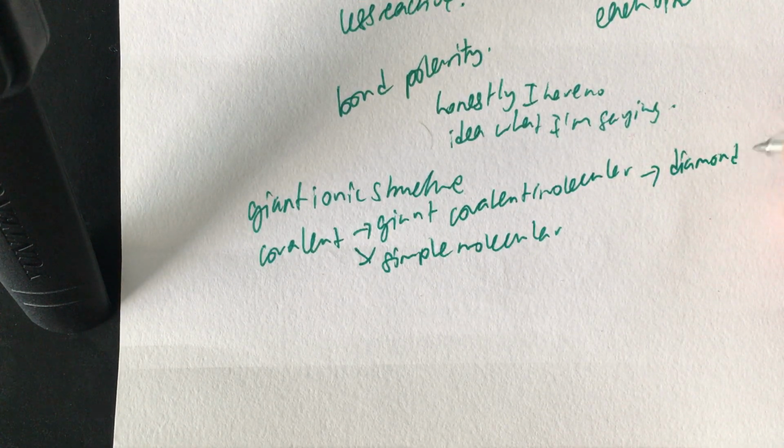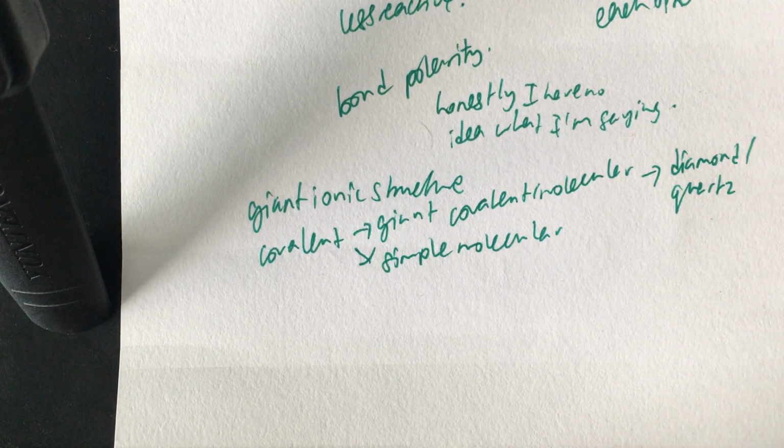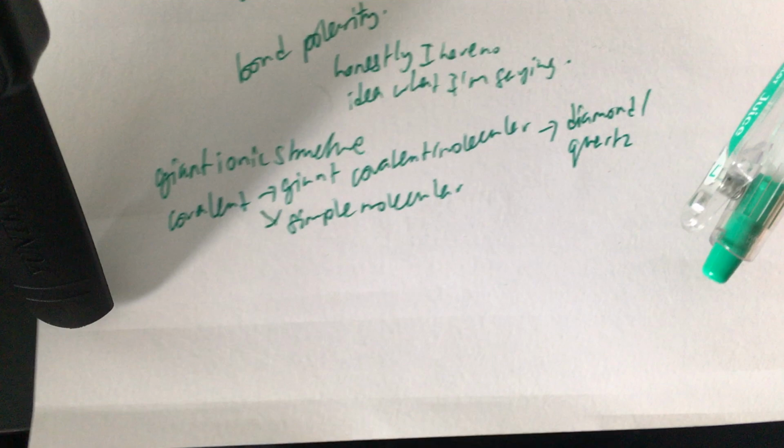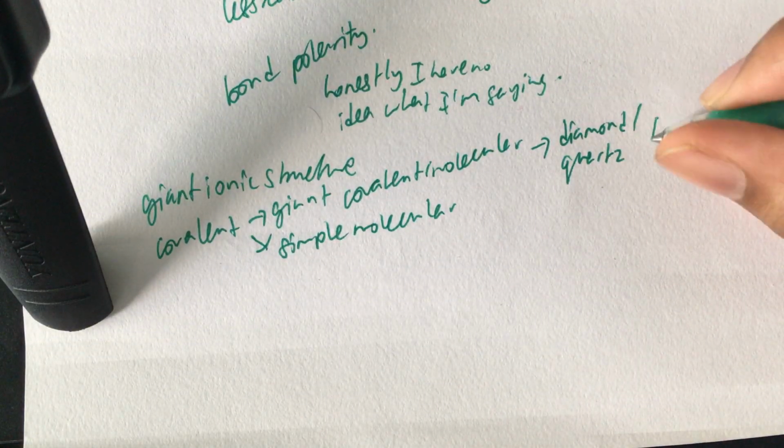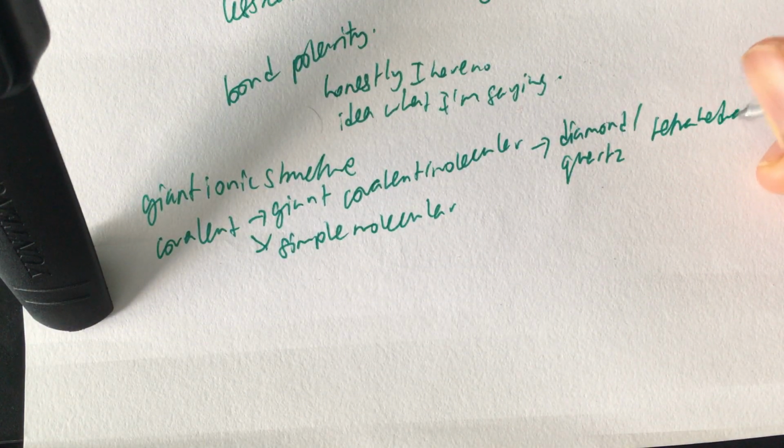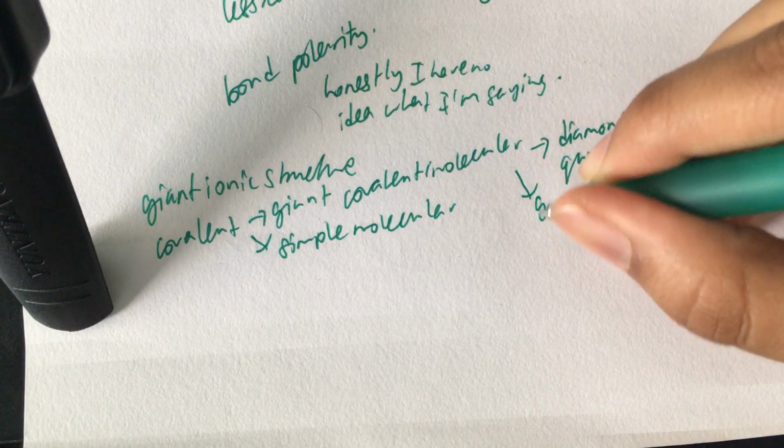For diamond, all four carbon bonds are being used, so all the electrons are occupied in bonds. As for graphite, only three of the bonds are formed, so it forms a hexagonal structure.